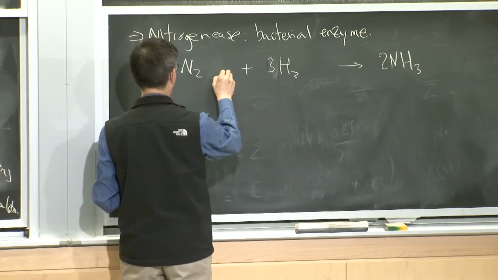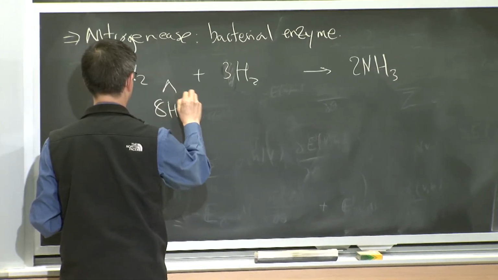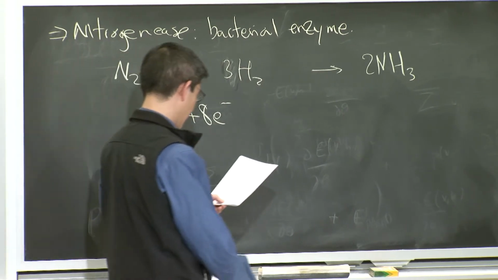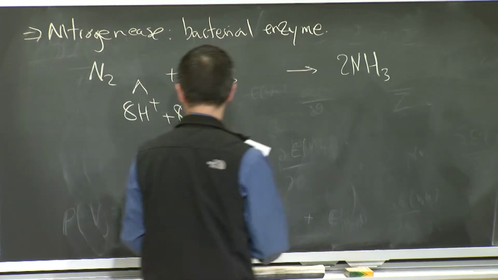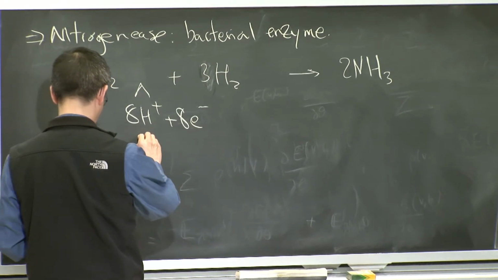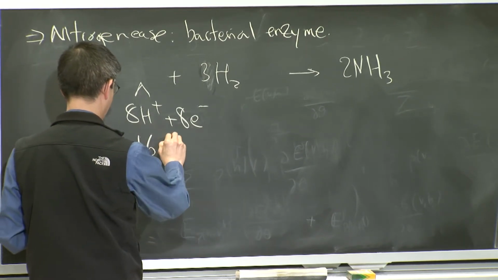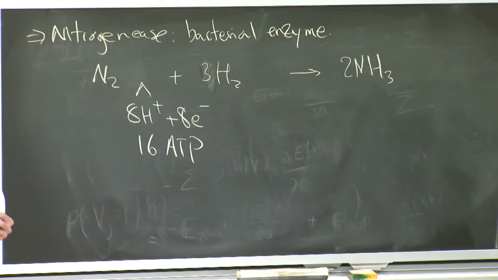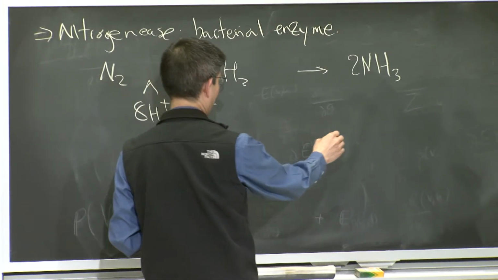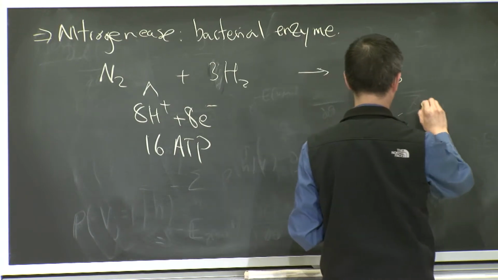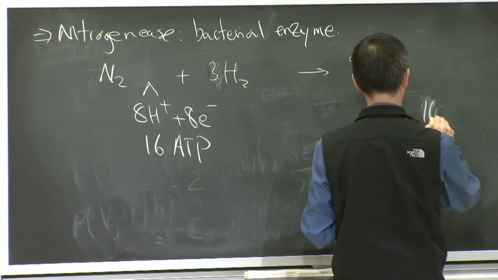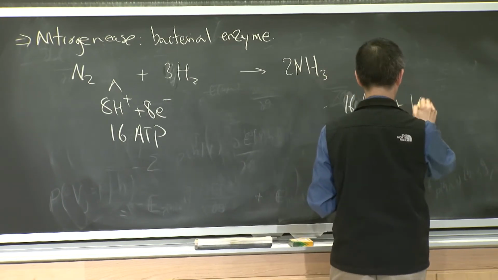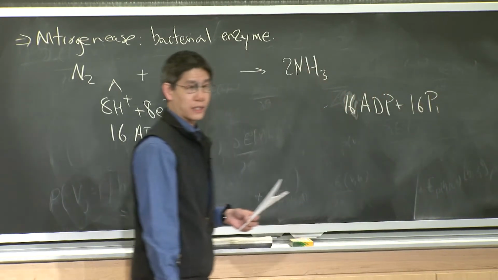For example, there are 8 protons and 8 electrons that come in typically. And this may also involve a proton pump with adenosine triphosphate, losing phosphorus to become, on the other side, 16 ADP and 16 phosphorus like this.